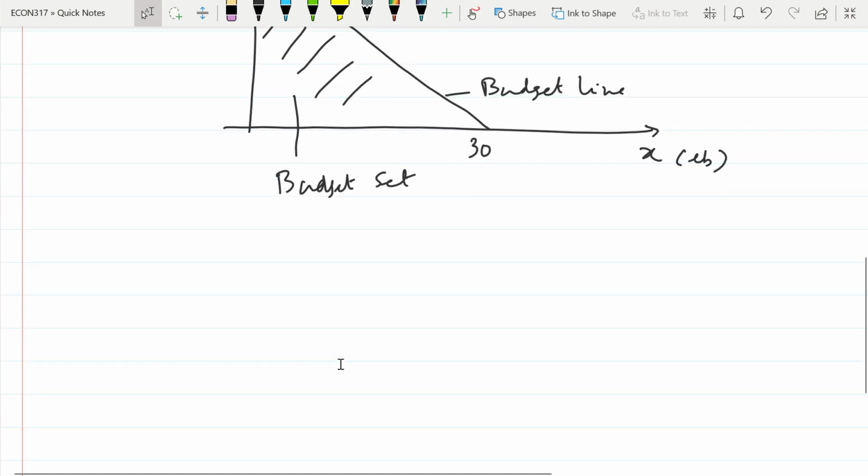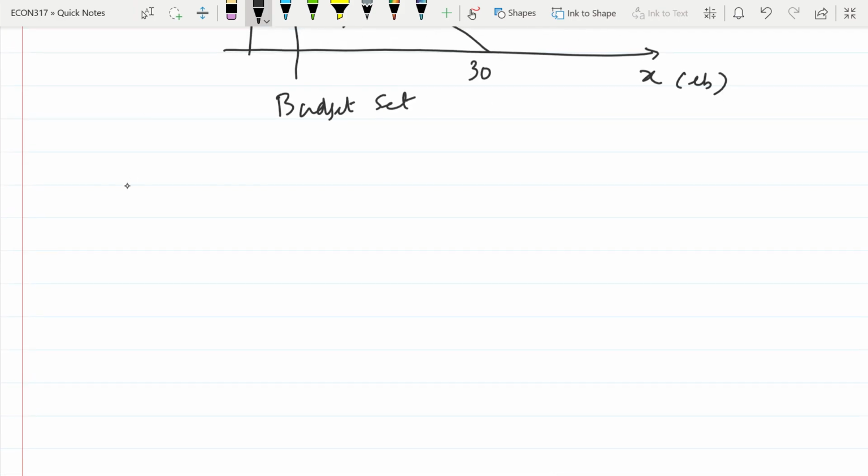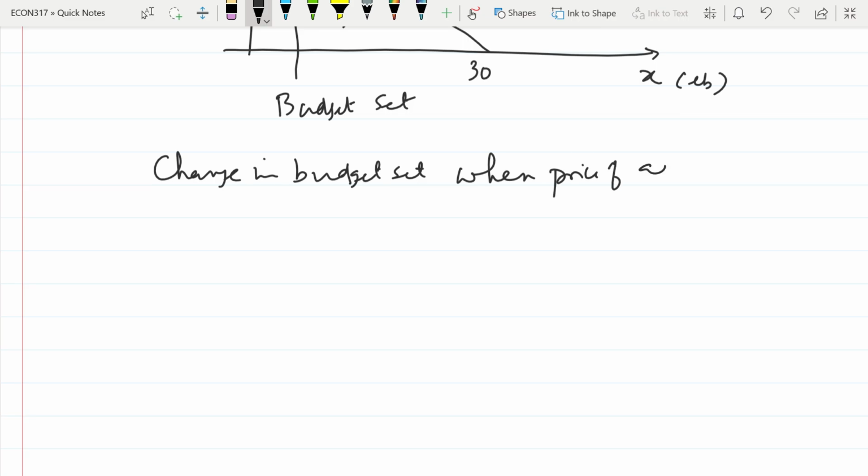Now we could also look at the change in budget set. So let's look at a few situations. First I want to find out the change in budget set when, let's say, the price of apple goes down to, let's say, $1 per pound.